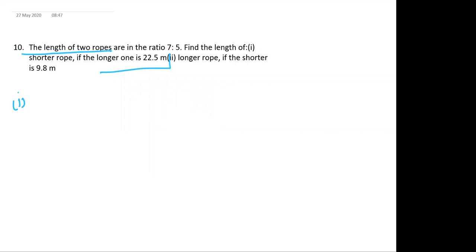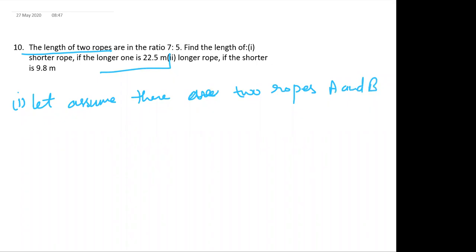So the ratio of the lengths of two ropes. Let's assume there are two ropes A and B. The ratio of A and B is given as 7:5. The lengths of two ropes are in this ratio.